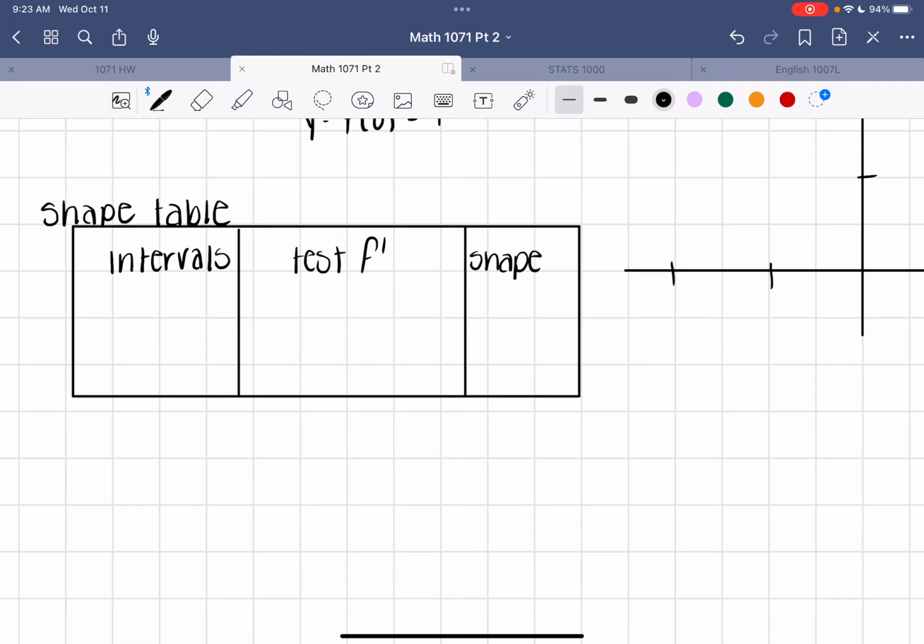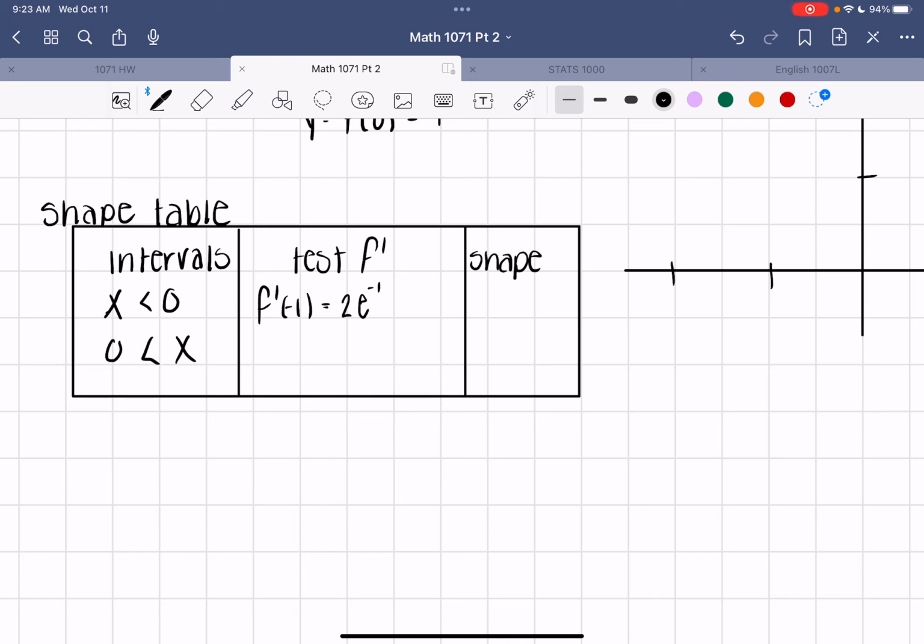So it's decreasing. So I need increasing on the left, decreasing on the right. And if you just drew, at this point, you would know nothing better than to draw increasing on the left, decreasing on the right.